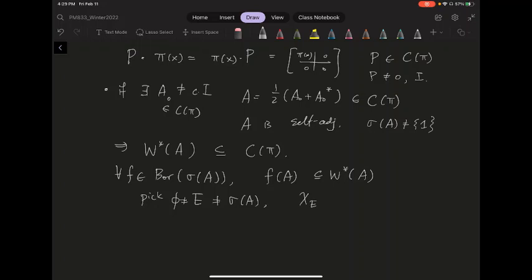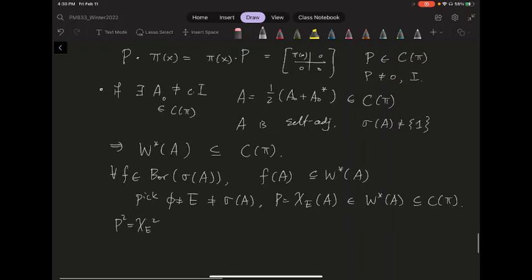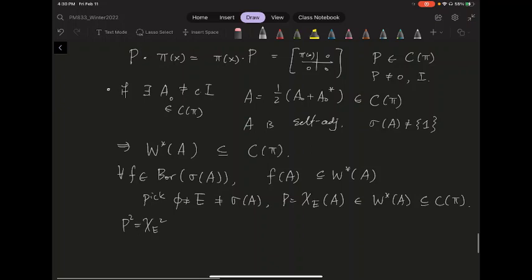And if you consider the characteristic function evaluated at A, this is going to be inside the von Neumann algebra generated by your A, which is inside the C of pi. If you call it P, then P squared equals chi E squared evaluated at A, but since you have a characteristic function, this is just chi E of A, so this is still equal to P, so that's a projection.